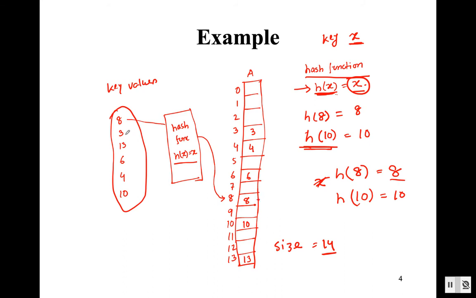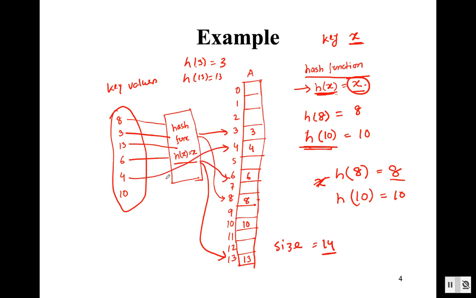The hash of 3 is 3, so we store 3 in index 3. h of 13 is 13, so we store 13 in index 13. 6 we store in 6, 4 in 4, and 10 in index 10.